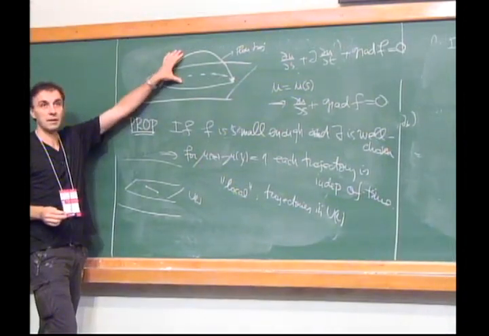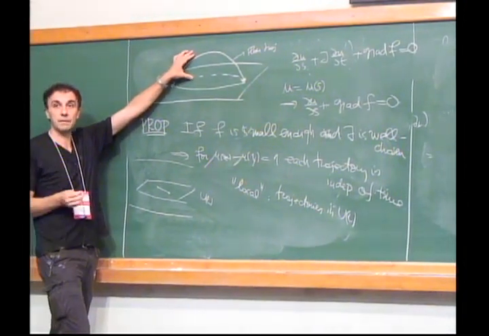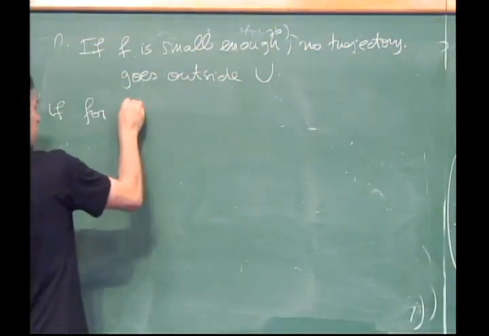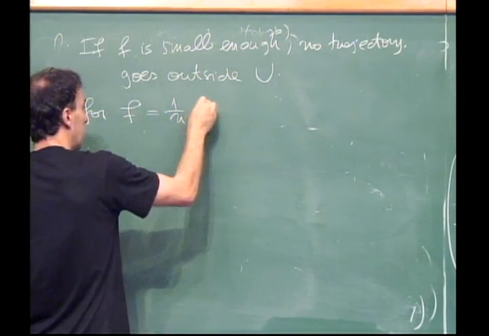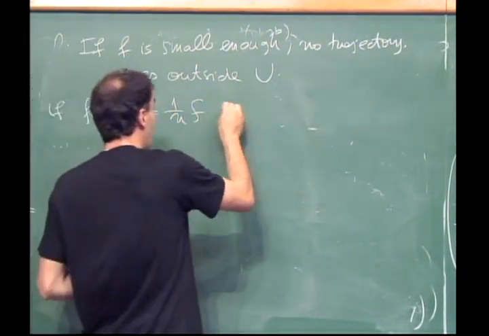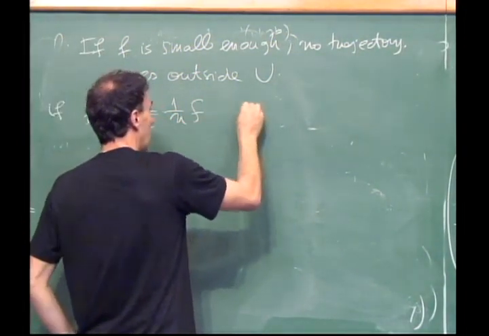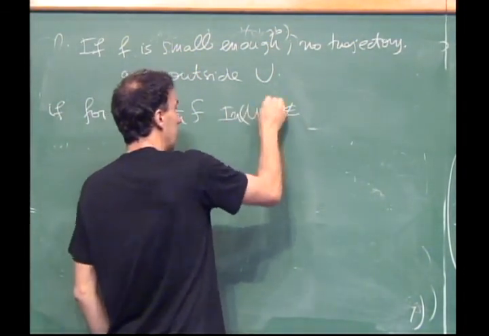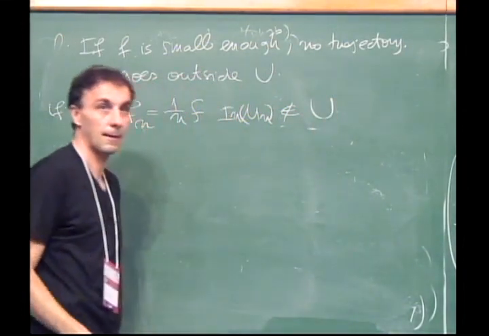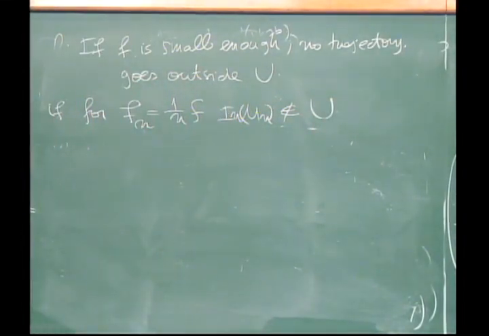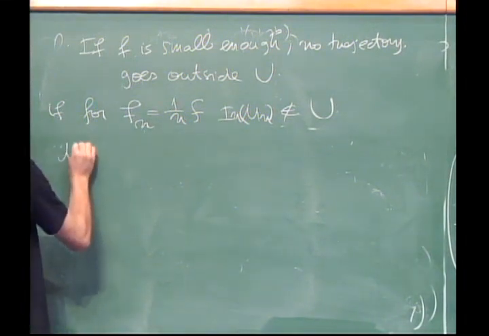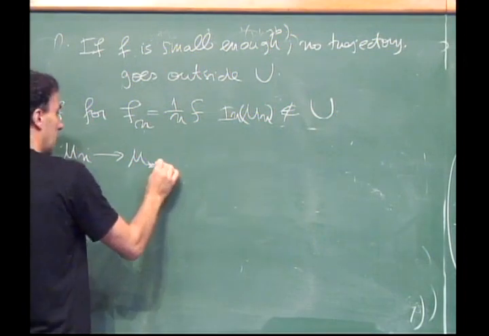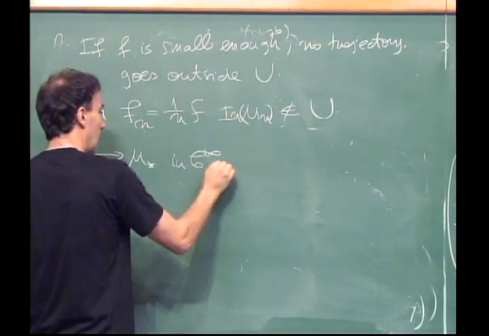Because if you have, for f_n equal to 1/n, u_n whose image is not in U, then by Gromov compactness, this converges to some u star in C infinity loc.